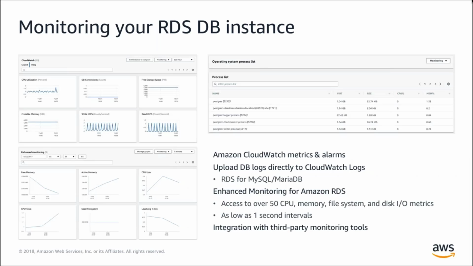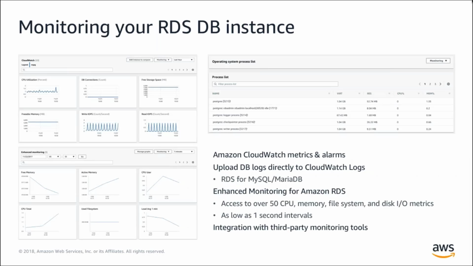It also exposes a lot of other OS metrics, which will help you diagnose problems within your instances also. The metrics can be as frequent as 1 second intervals if you want. The metrics are available through CloudWatch, which means you can also integrate your third-party monitoring tools with CloudWatch.